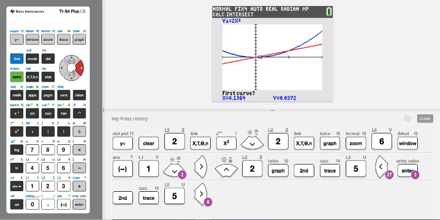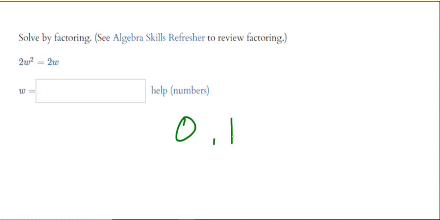Or it may be 2. I don't know. All right, so we'll just move it on up there. All right, so enter, enter, enter, and enter. And it's at 1. So that's my answer, 0, 1.